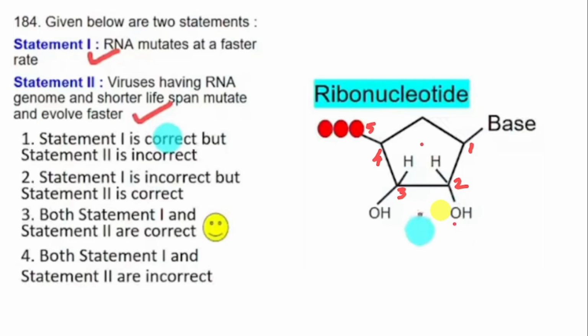In the case of deoxyribose, the oxygen is not there. That is why it is called deoxy. D means not there. What is not there? Oxygen is not there. But in ribose sugar, we have a hydroxyl group, and because of this hydroxyl group, RNA is reactive. I hope this is clear to you. We will go to the next question now.